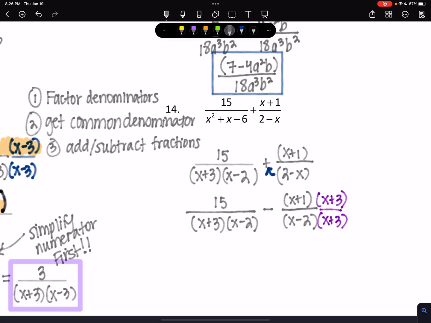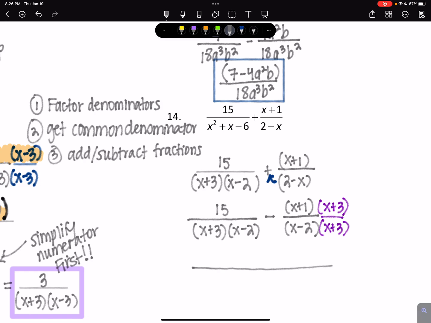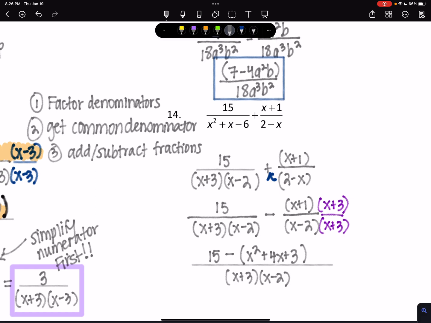I'll get to FOIL. So I'm going to have a fraction with a common denominator of (x plus 3)(x minus 2). And then my first numerator is 15. And I'm going to have minus all of the second numerator, which is x squared plus 4x plus 3.